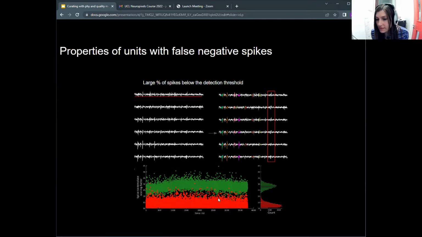So for this unit, for instance, we think that there's a spike here that's just not being detected because it's so small. And so plotting the amplitude as a function of time and the histogram of the distribution of amplitudes is a really useful tool to try and examine if any of the spikes are not being detected.